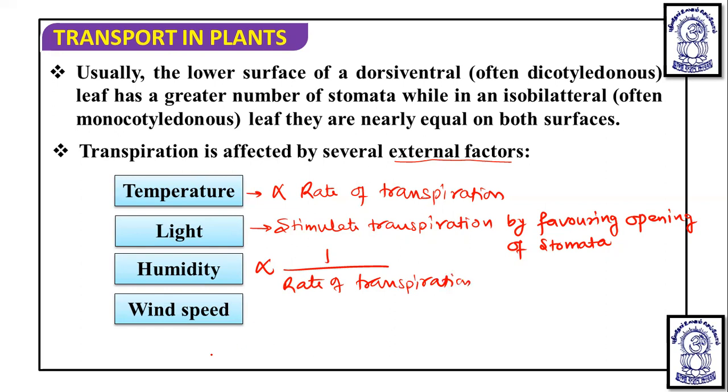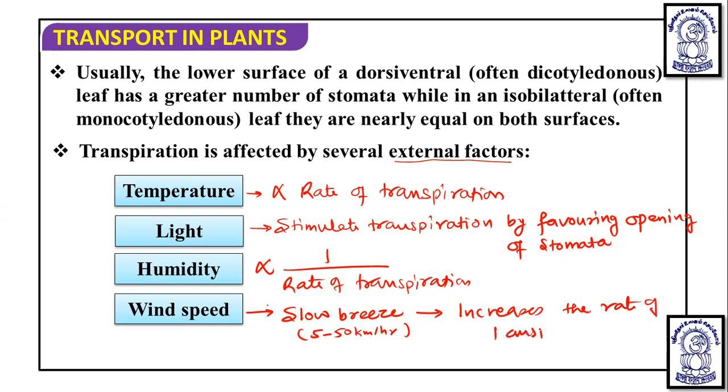The next factor is wind speed or wind velocity. Transpiration is less in still air, and the rate of transpiration increases with the increase in wind velocity. In wind velocity there are two things. One is slow wind, which we call a slow breeze, considered as 5 to 50 kilometers per hour, and this increases the rate of transpiration.